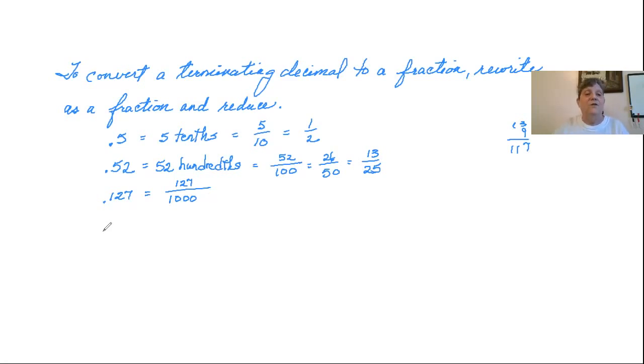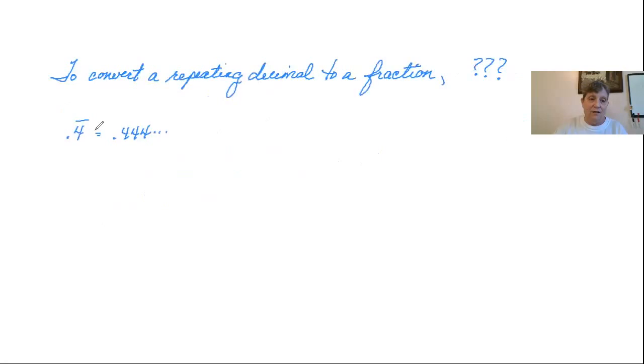But what if it were a repeating decimal we'd been given and told to rewrite as a fraction? Like, say, 0.4 forever. 0.4 with a line over it is not 4/10, it's 0.4444 forever. Now, there's a trick to doing this.